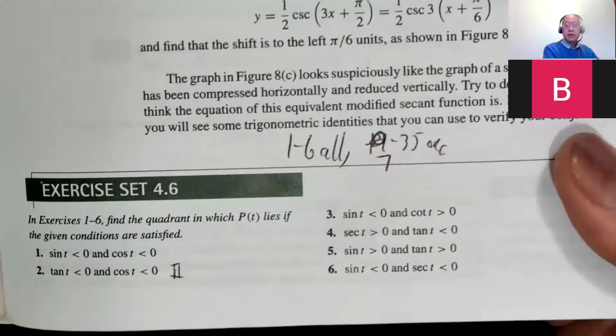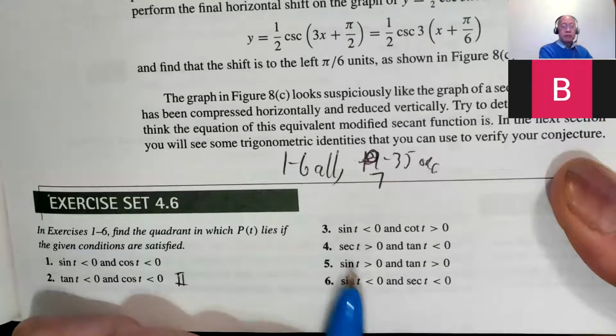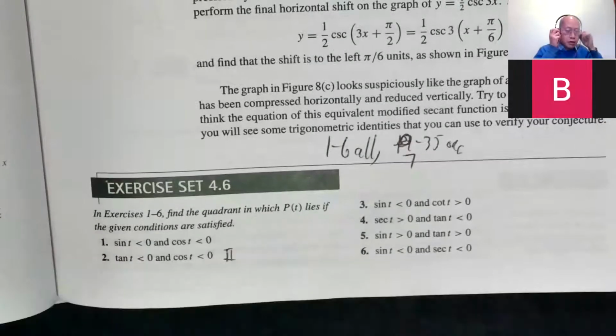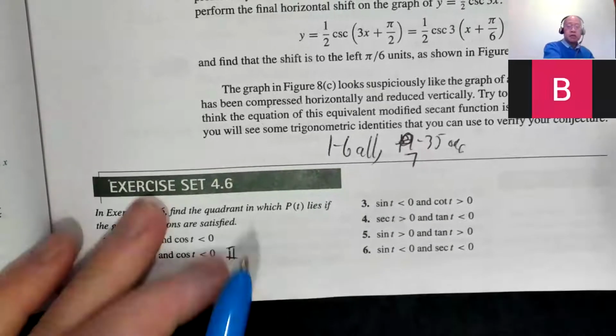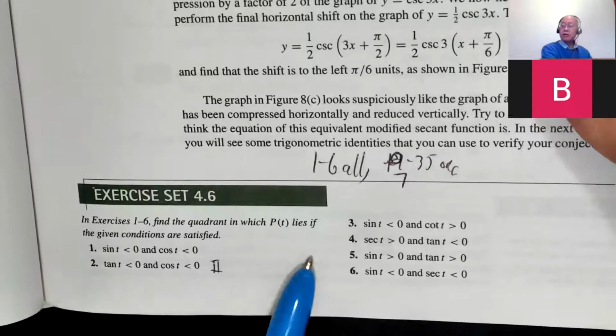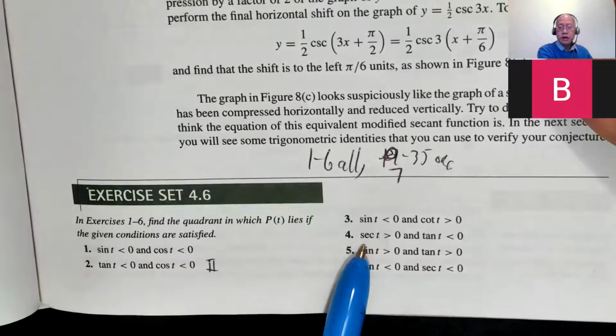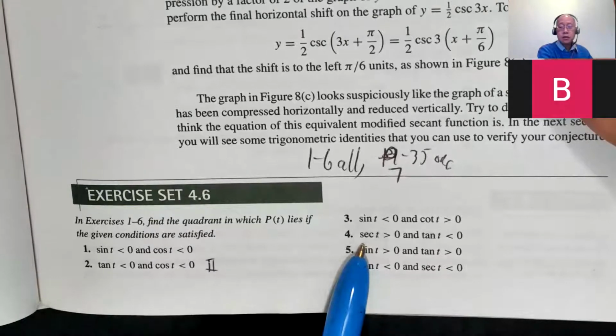Okay, 4. Secant positive, tangent negative. Now you might recall one of the properties of reciprocals. If a function is positive, the reciprocal is positive. If a function is negative, the reciprocal is negative. So we're trying to piggyback on our rules about reciprocals. So what's the reciprocal of secant? Cosine.